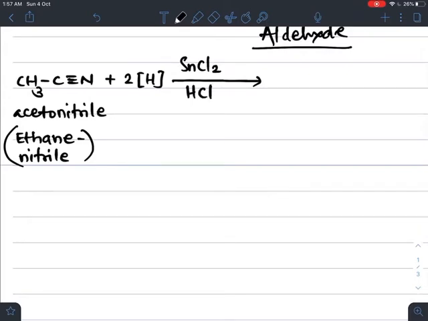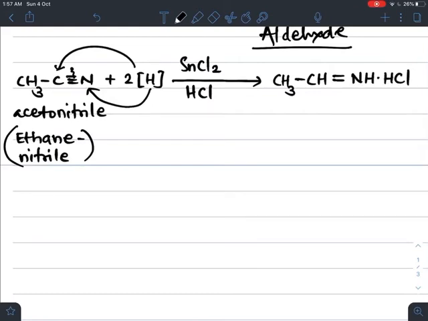So what happened? From the triple bond one pi bond breaks and the hydrogens get added to the carbon and nitrogen. So here we get the intermediate product CH3CH double bond NH along with HCl. So this imine hydrochloride intermediate is formed.